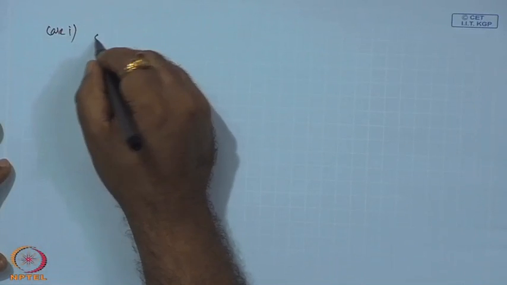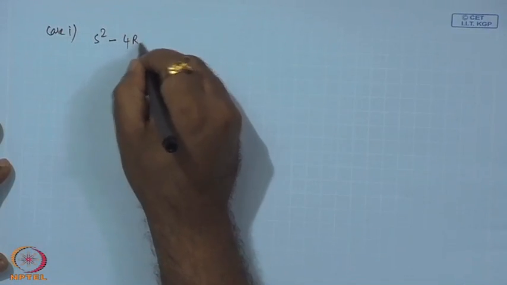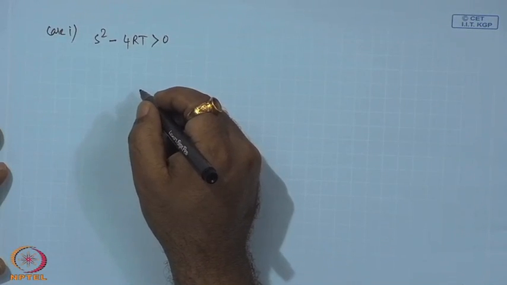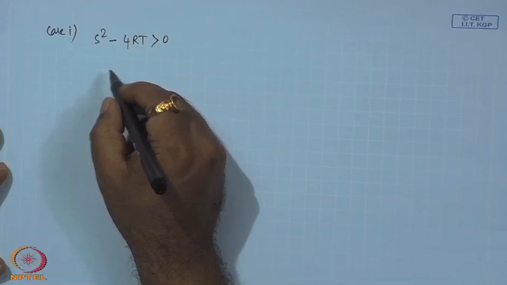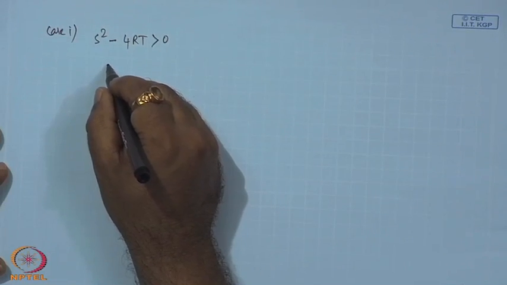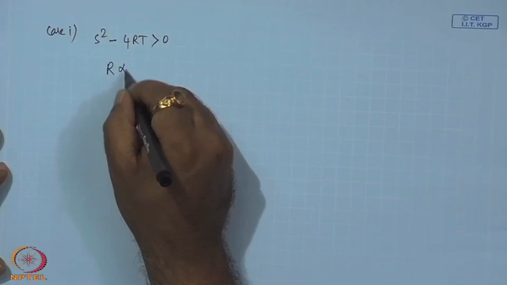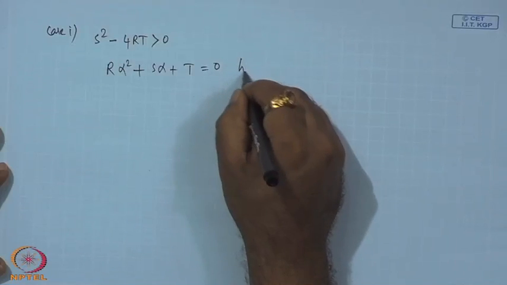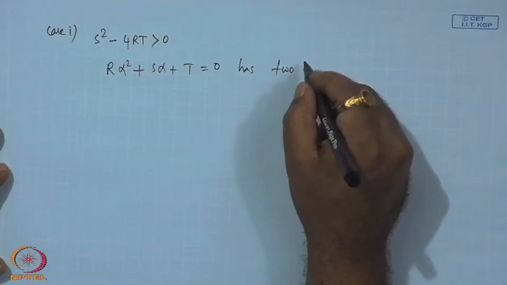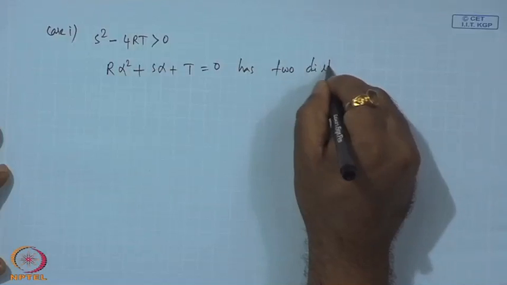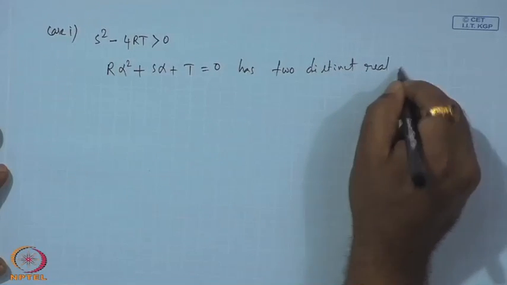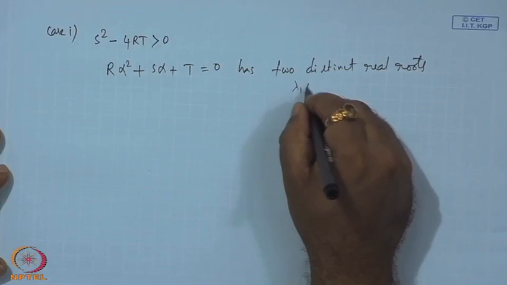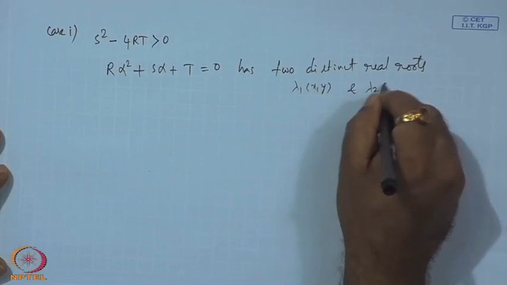Case 1: s squared minus 4rt greater than 0. If this is the case, then r alpha squared plus s alpha plus t equals 0 has 2 distinct real roots, lambda 1 and lambda 2.